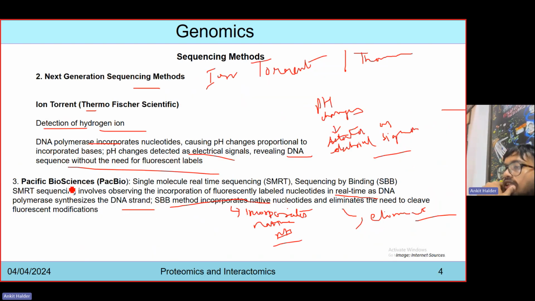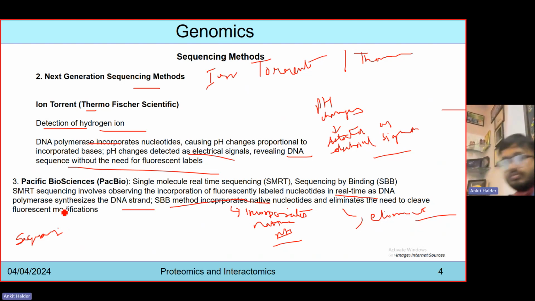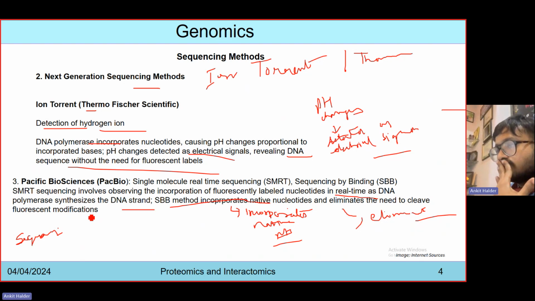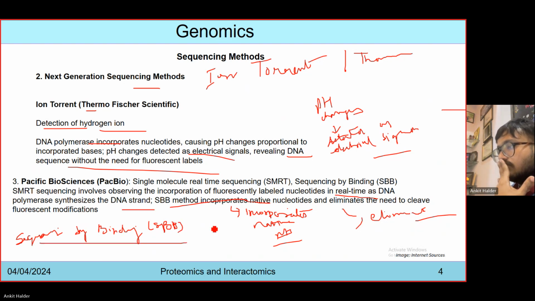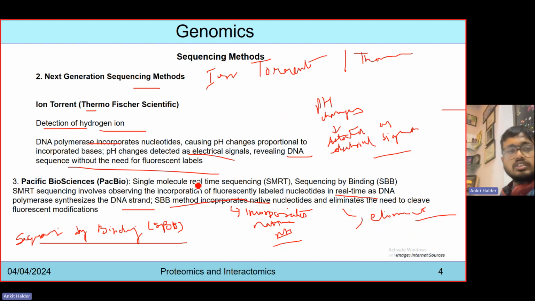Similarly, SMRT observes the incorporation of fluorescently labeled nucleotides in real time as DNA polymerase synthesizes the DNA strand.